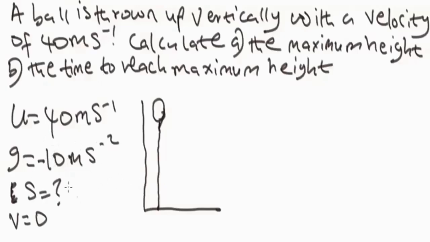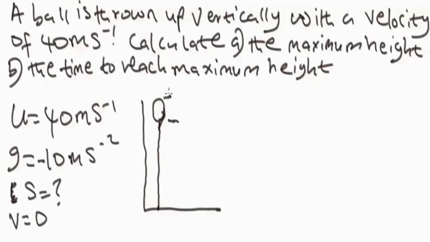Now the final velocity v will be the velocity at this maximum height. Let's assume this is the maximum height the ball reached when you threw it up. This will be the maximum height, and the final velocity is 0, because the ball will get to this point before it starts falling back again, before it starts responding to gravity.